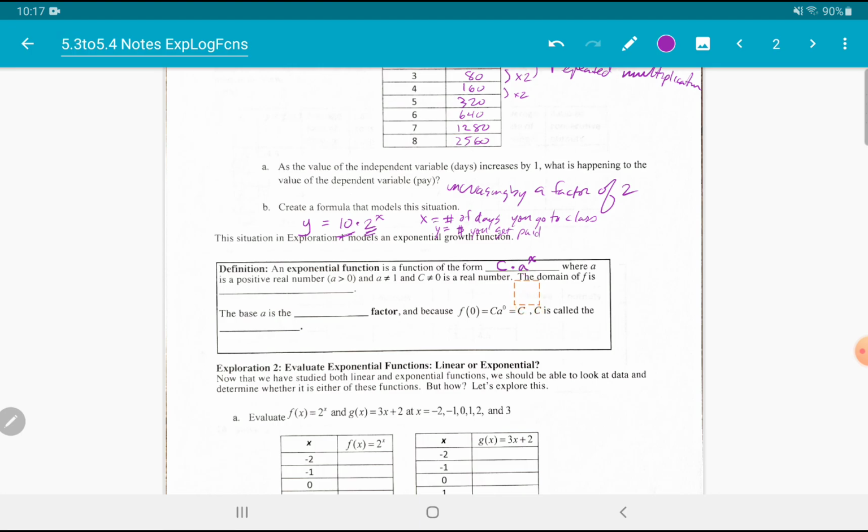Okay? The domain of f is, keep in mind, since it's talking about the x values, it turns out that x can be all real numbers. The base a is what we call the multiplying factor.